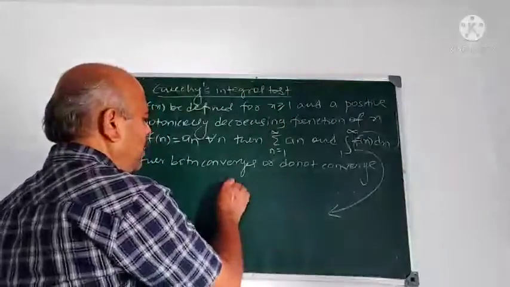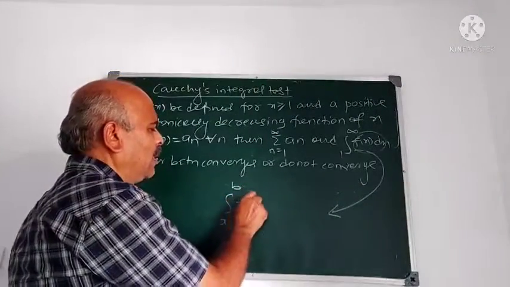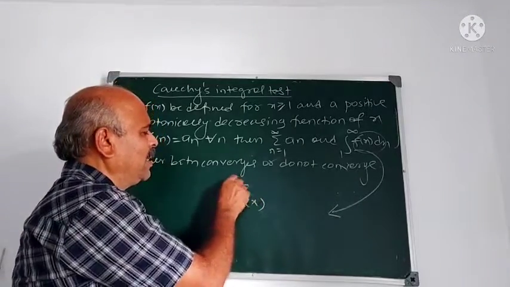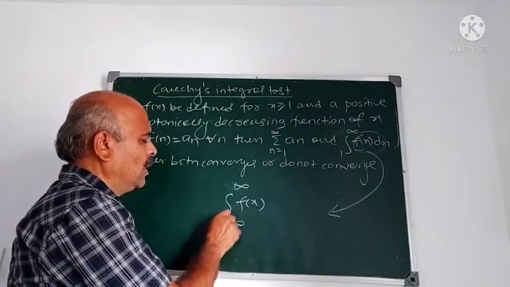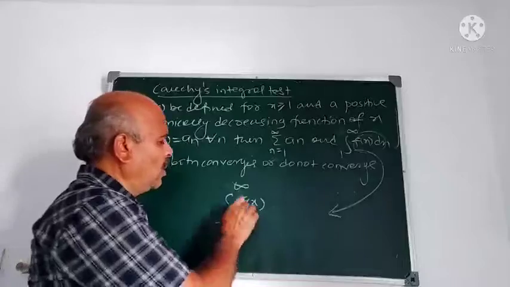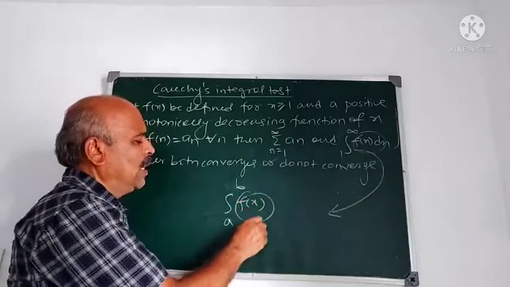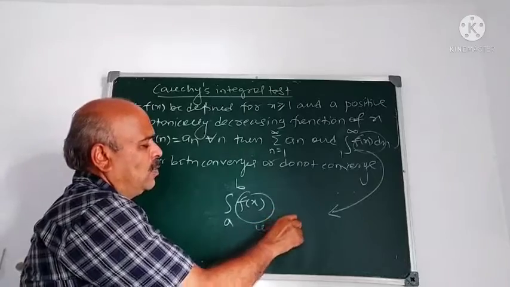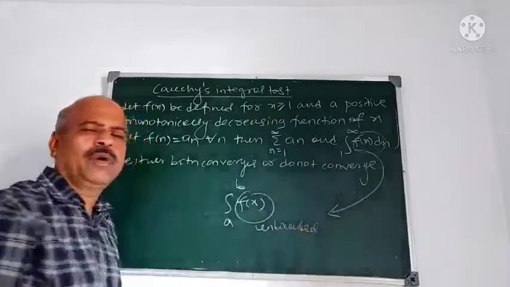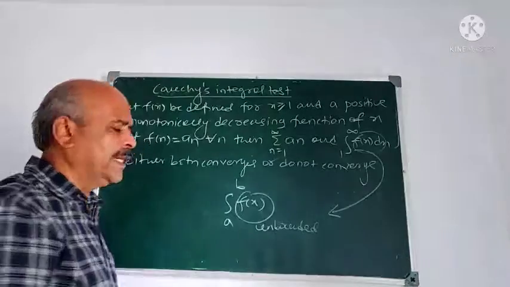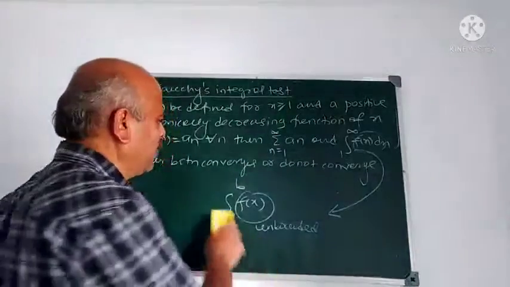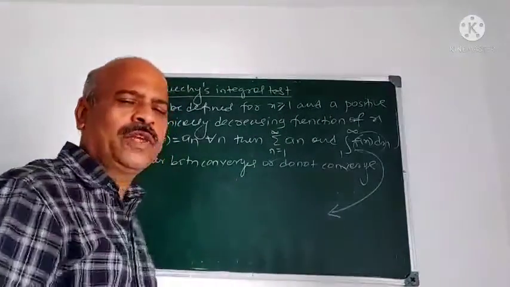See, a to b f(x) dx is called improper if one of the limits is infinity, or both the limits are infinity, or limit is finite but f(x) is unbounded. Then it is called improper integral. And improper integrals are again further classified into different types.